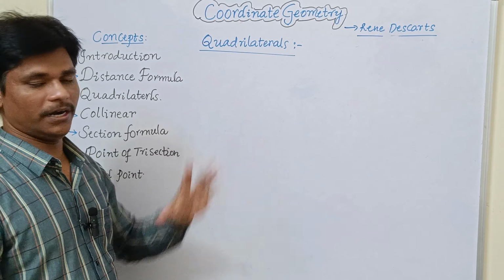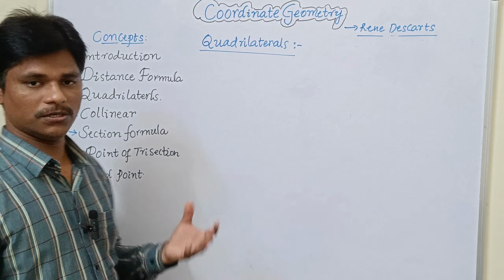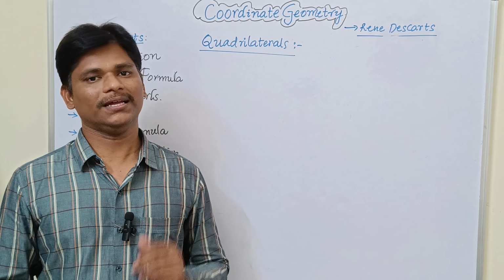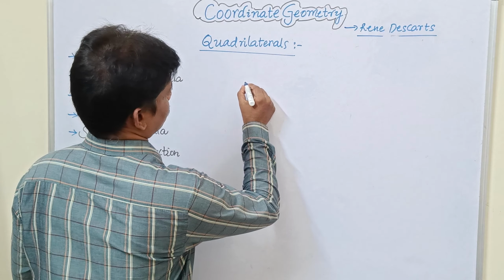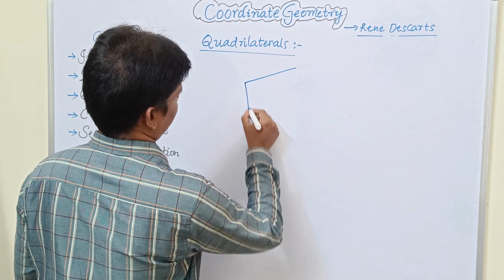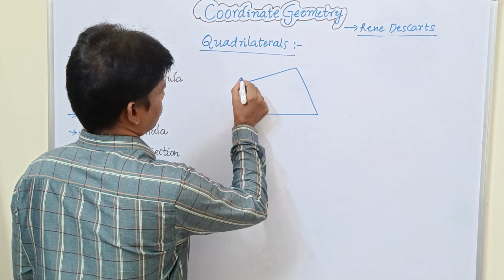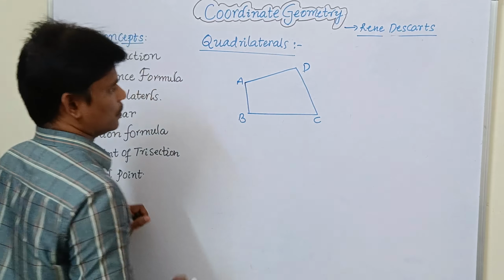What is a quadrilateral? A quadrilateral is a closed figure formed by joining 4 line segments. Suppose I draw one quadrilateral ABCD.